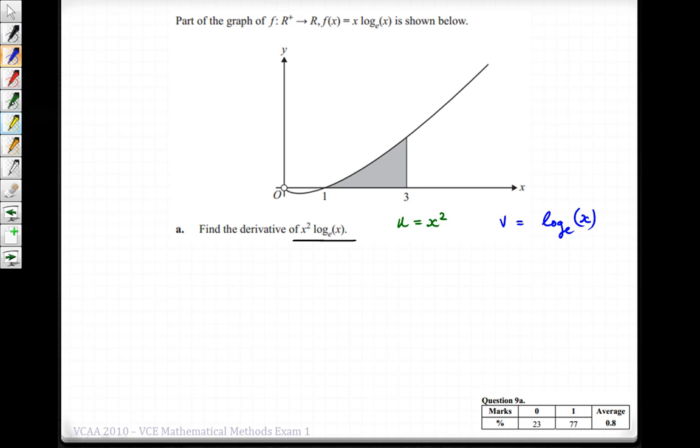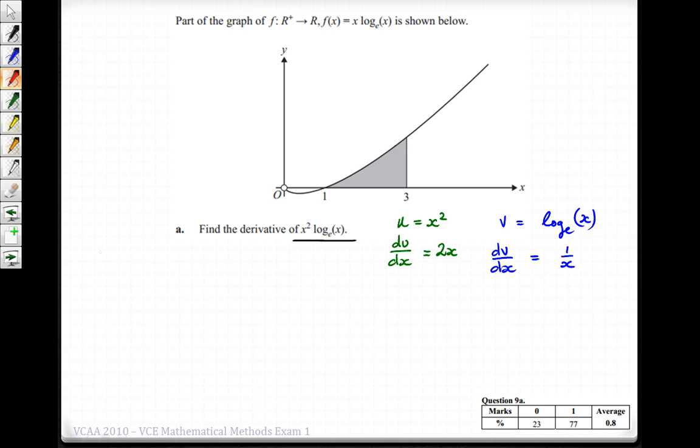So du dx is simply 2x, the derivative, and dv dx equals, so log e to the x, if we look at the formula sheet, we see that it just goes to 1 on x.